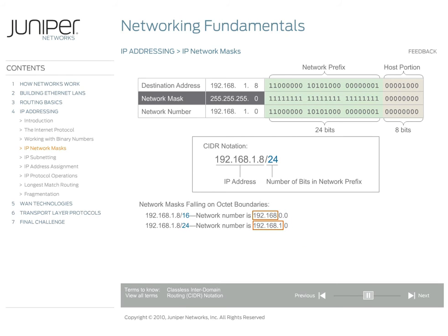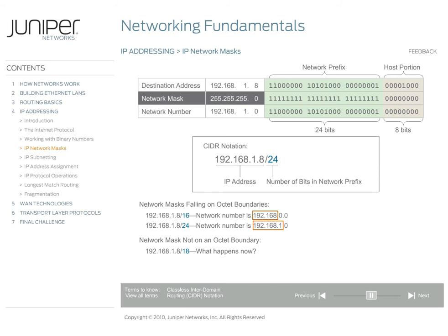When the network mask falls on an octet boundary, such as a prefix length of 8, 16, or 24 bits, determining the network number is fairly straightforward. But it's a little harder to determine the network number when the network mask doesn't fall on an octet boundary. Originally, IP network numbers always fell on an octet boundary. With the advent of CIDR, network prefixes could be any length and often don't fall on an octet boundary.